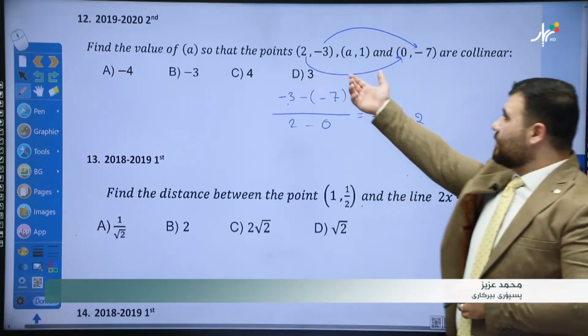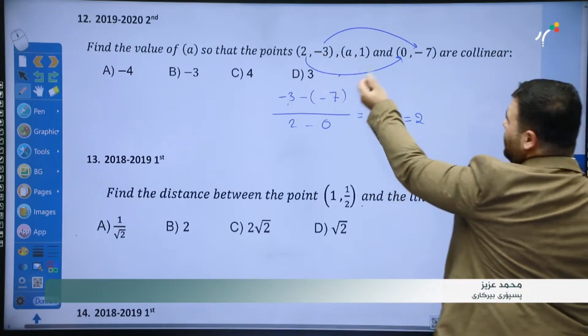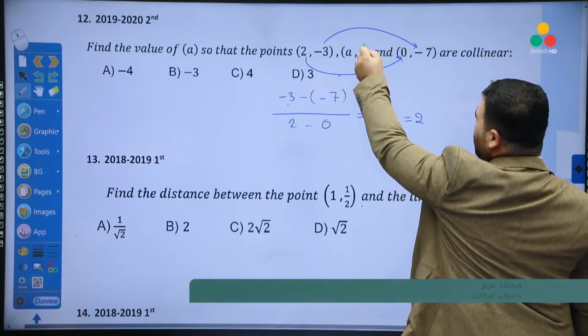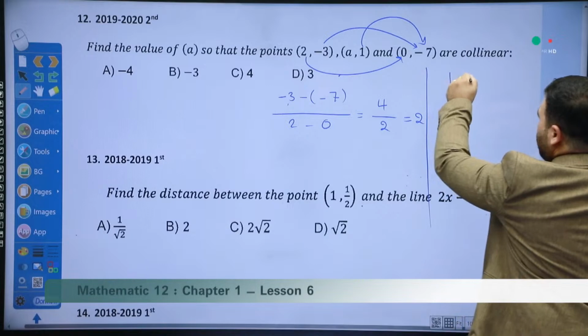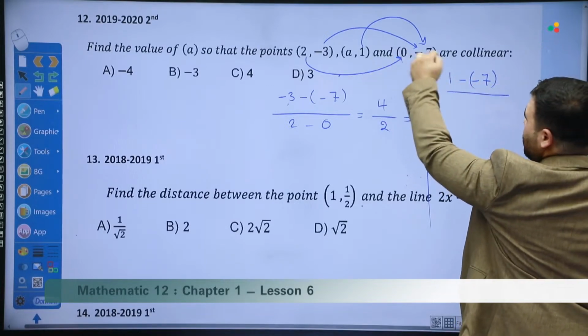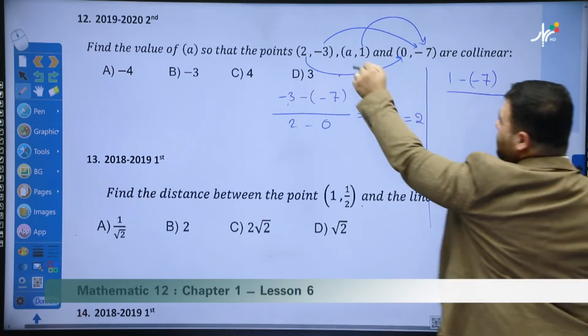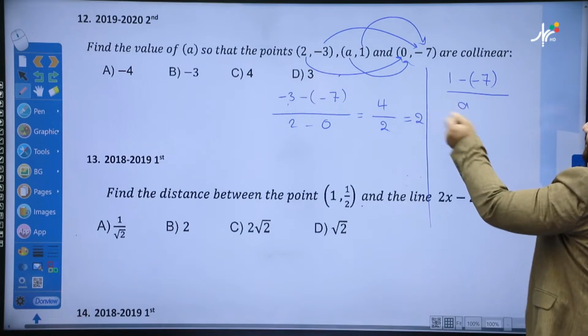Now let's write the slope between these two, as there is 0, it's easier. Then 1 minus negative 7 over a minus 0. A minus 0 is just a.